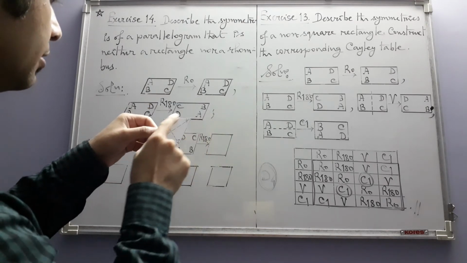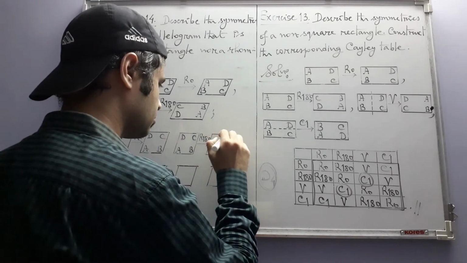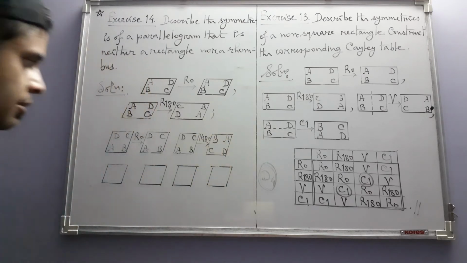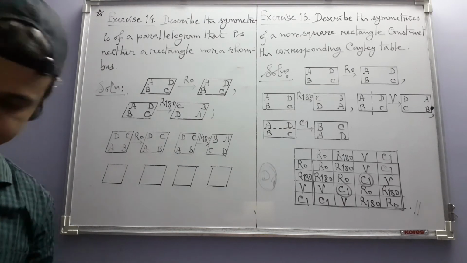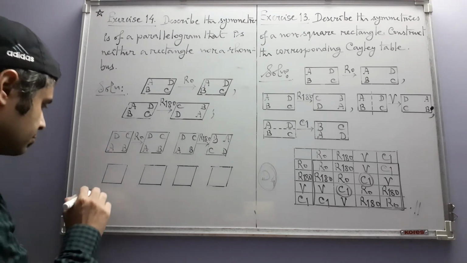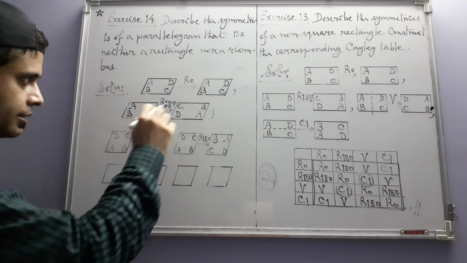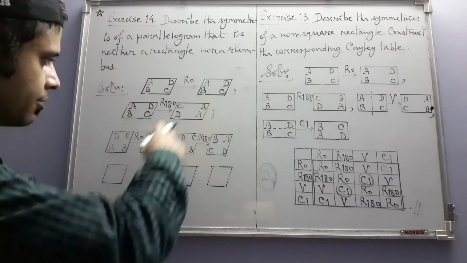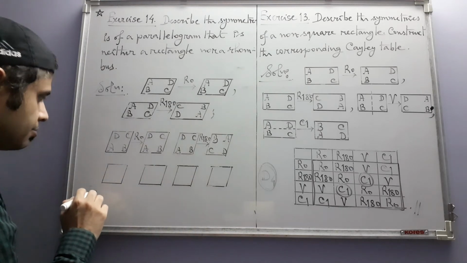So I get A, B, C, D. Okay, so this is one symmetry, and then what did not work for us in the case of this parallelogram, that is the reflections about the diagonals, that will now work in this case. Let's see why.